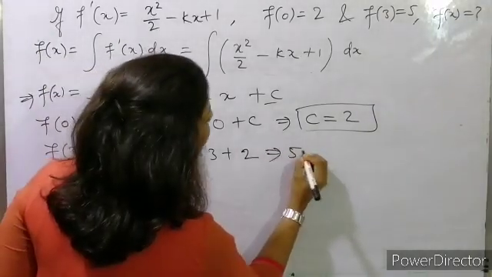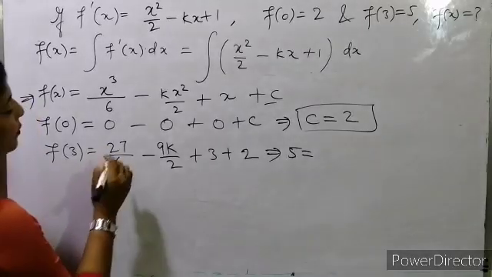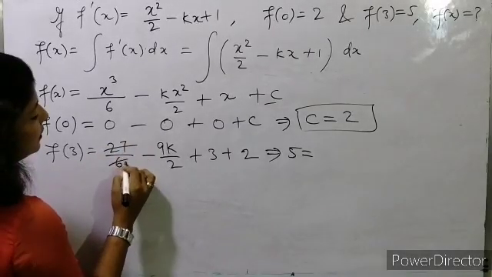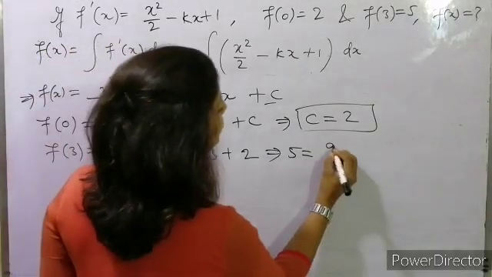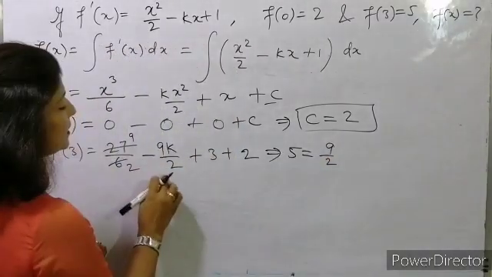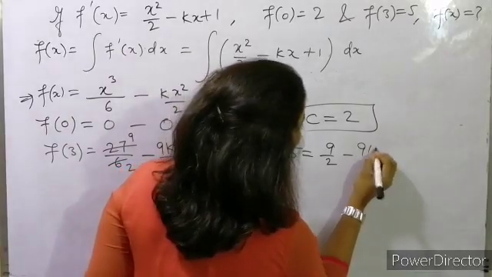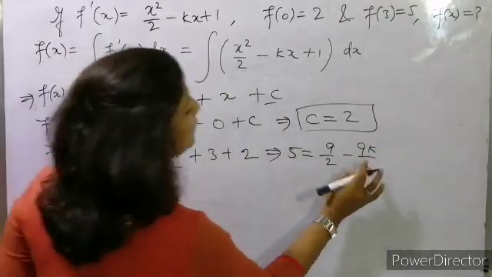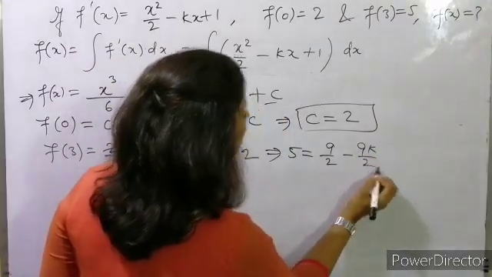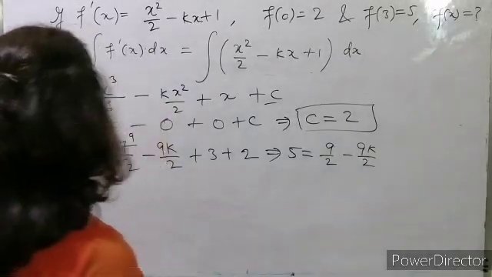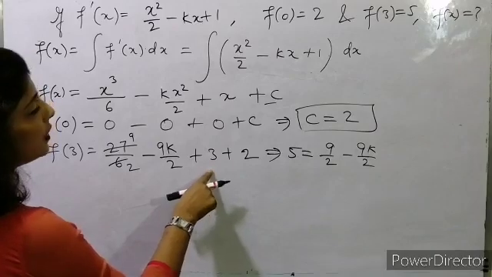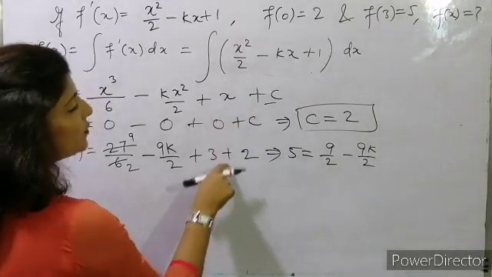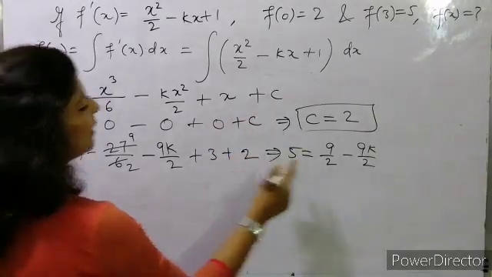It means 5 will be equal to 27 upon 6, so this will be 2 and this will be 9, 9 upon 2, minus 9k upon 2, and plus 3 plus 2, मतलब x का value is 3 and c का value is 2, तो 5.